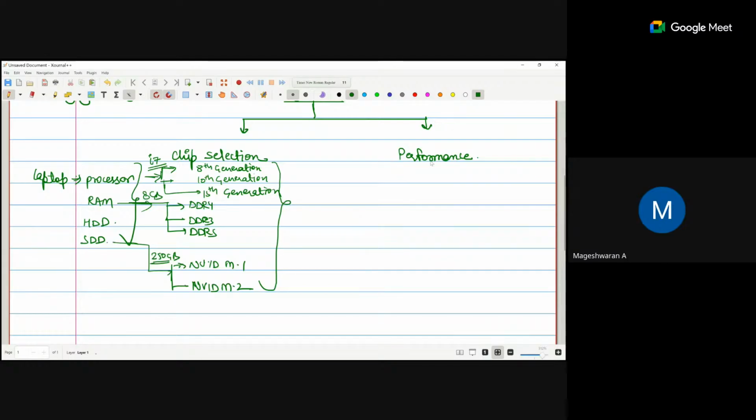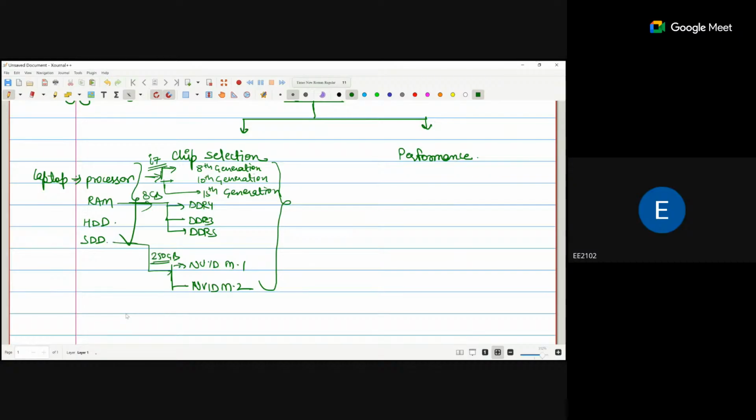Sir, what are the DDR and the NVMe M.1 and M.2? Basically, this is the type. That is the generation; DDR3, DDR4 is the generation. They are basically decided on the basis of what clock frequency they are produced at and what supporting system they will use. According to this, RAM will be decided when you select DDR3, DDR4, and DDR5.